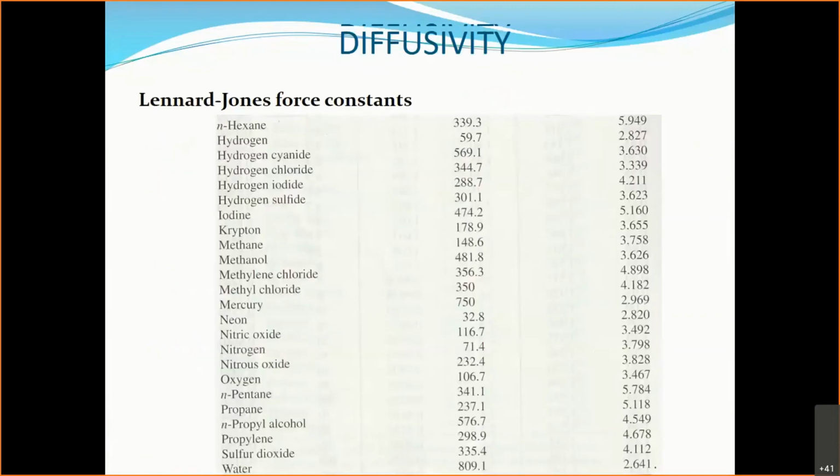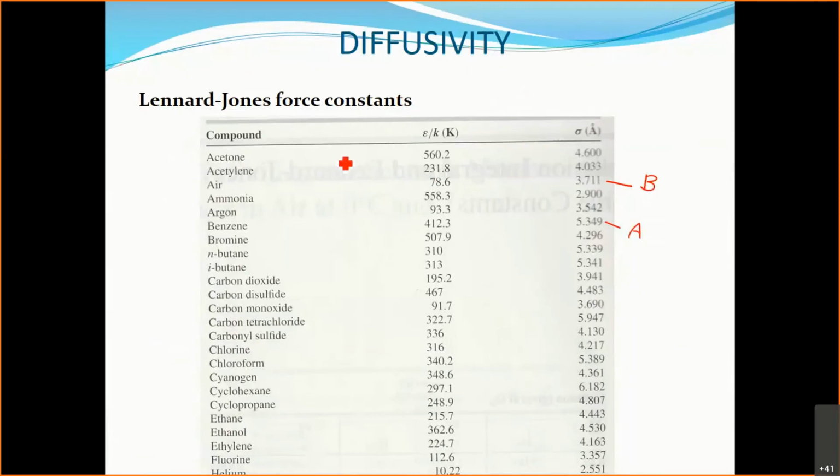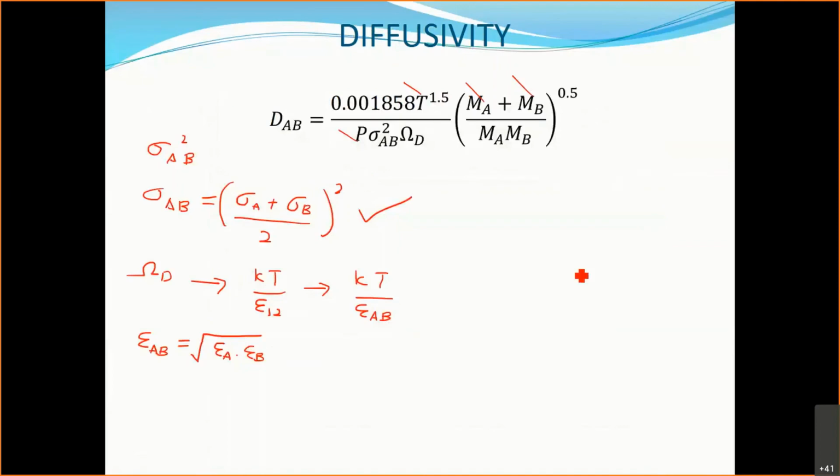But if you look at our table, the Lennard-Jones force constant is given to us as epsilon over k. The value given to us is epsilon over k. So in order for us to find the value of epsilon over k, we have to do some modification.